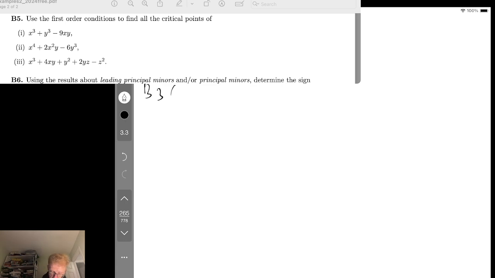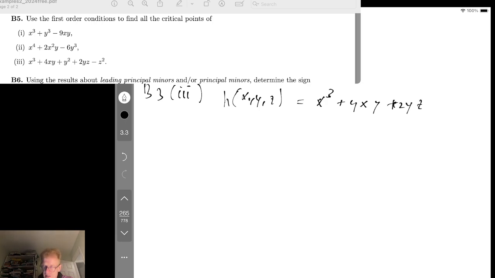So B3 is a function of, we'll call it a function f of x, y, z, or let's call it even a different function, h of x, y, z. What is it? x cubed plus 4xy plus 2y plus 2yz minus z squared.